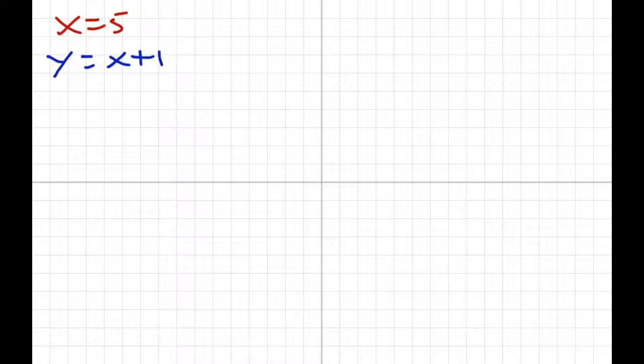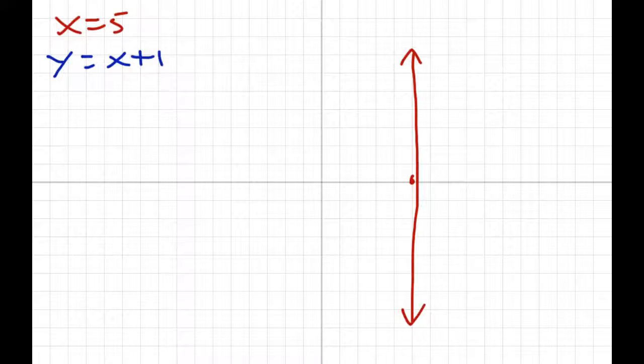Let's do x equals 5 and y equals x plus 1. So x equals 5, real easy. We know that's a vertical line going through 5 on the x-axis. So we have our vertical line.